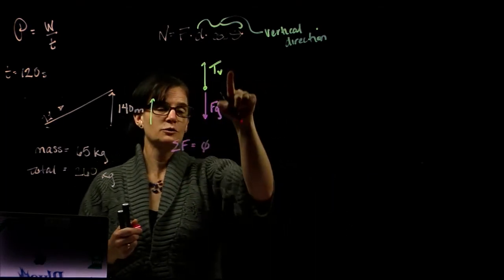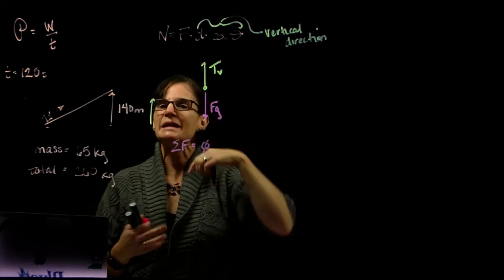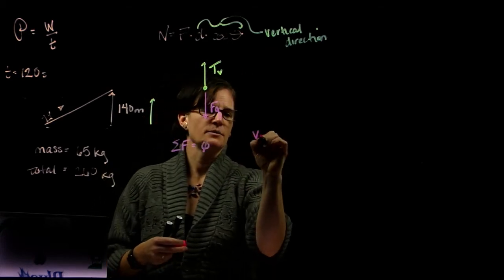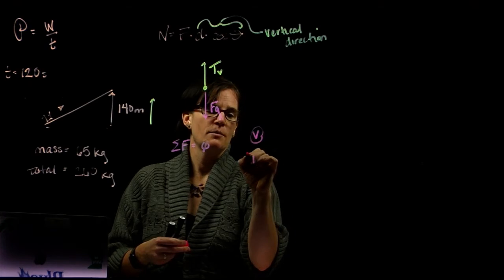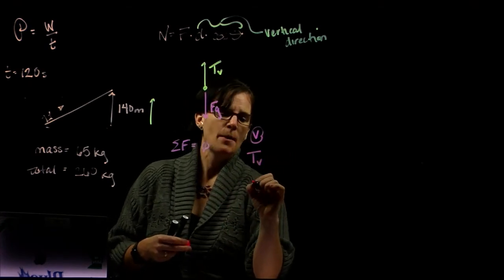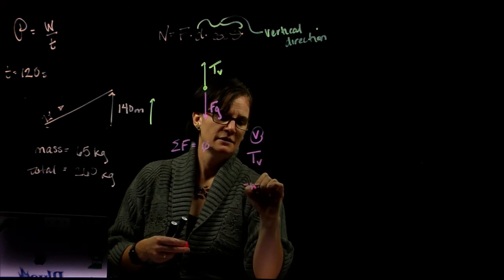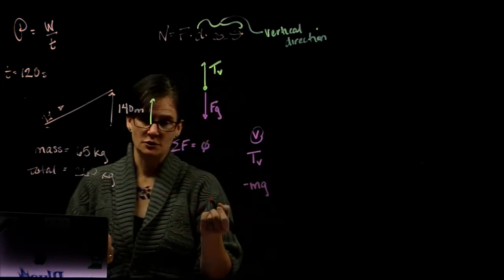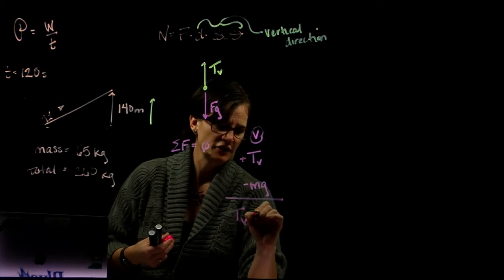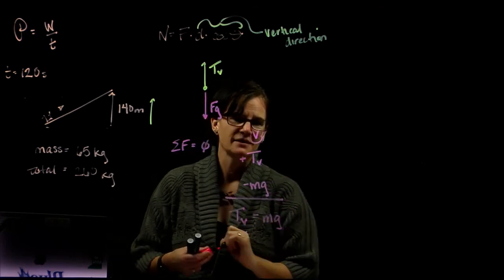If we look at the two forces acting in the vertical direction, we have the positive component of the tension in the vertical direction plus the force of gravity, which is in the negative direction. And we get the vertical tension is equal to mass times gravity.